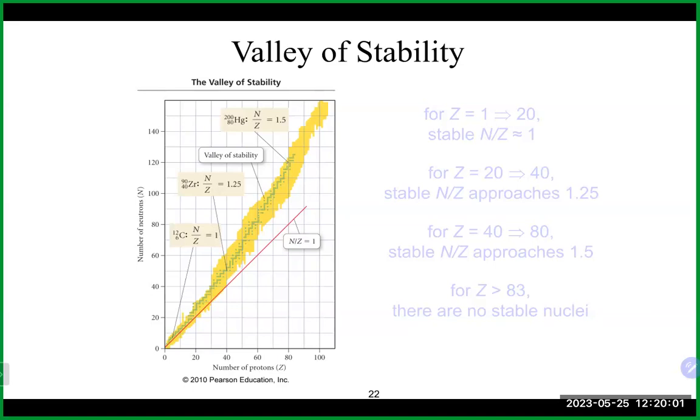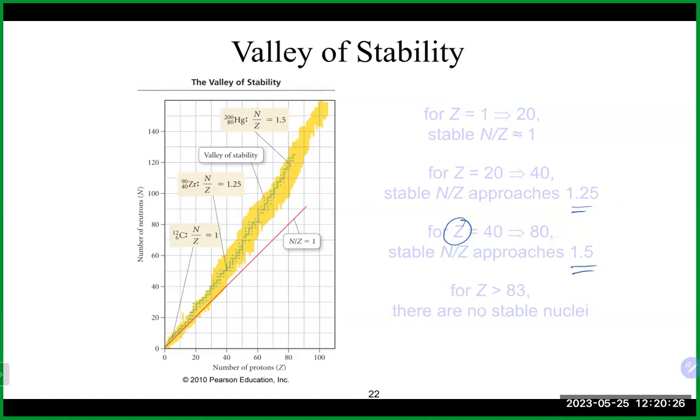So the ratio of neutrons to protons is 1. If you're somewhere between 20 to 40, it goes up a little bit higher, to 1.25. And if you're anywhere in the neighborhood of an atomic number of 40 through 80, it is 1.5. Anything above 84, as we talked about, is pretty much going to be radioactive, so it's not going to be stable. So you don't have to worry about it.